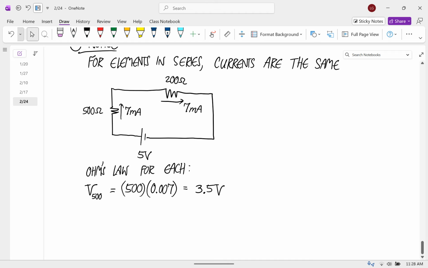And then for the other one, the voltage for the 200 is equal to 200 times 0.007. There's a lot of round off because, like you pointed out, I rounded off a lot here, but let's say that's 1.5. So they add up to a total of 5 volts.